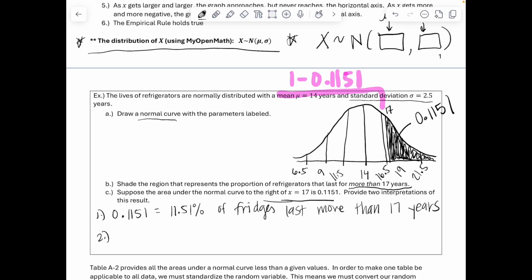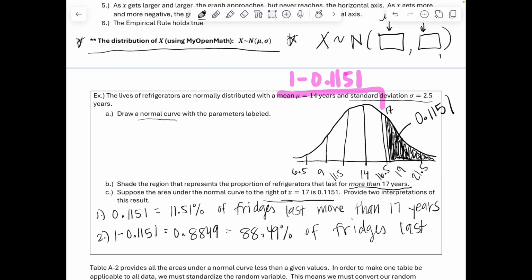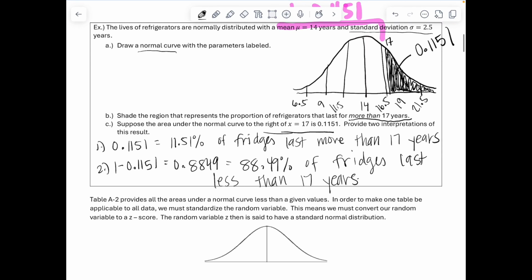So the second interpretation, if you do 1 minus 0.1151, we get 0.8849, which is equal to 88.49% of fridges last, and now it's not more than 17 years, but this time it's going to be less than 17 years. So those are our two interpretations. Again, remember the total area under that curve is equal to 1.